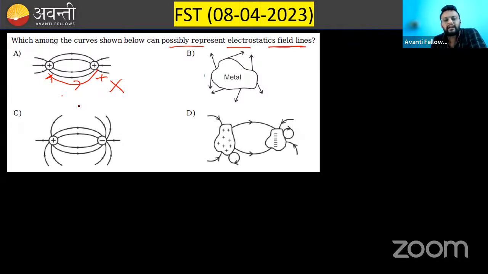They should terminate at a negative charge. In option B, there is a metal surface, and you can clearly see that the field is not perpendicular to the metal surface, but actually the field should be perpendicular to the metal.